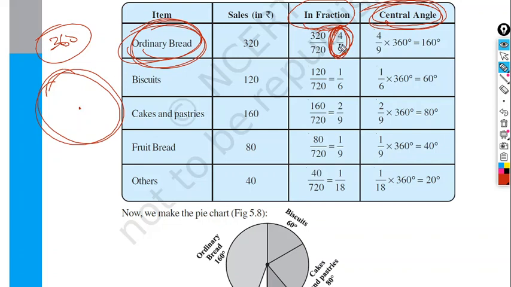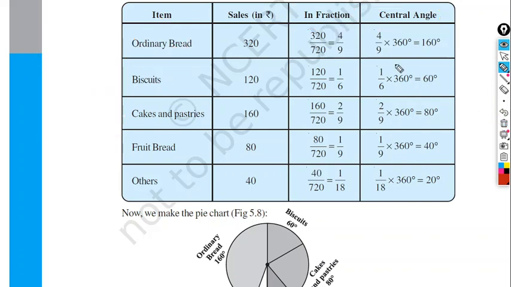So out of 360 degree, we have to give 4/9 part to ordinary bread. Now 4/9 into 360, you divide 360 by 9 and multiply by 4, that gives 160 degree. So 160 degree is ordinary bread.